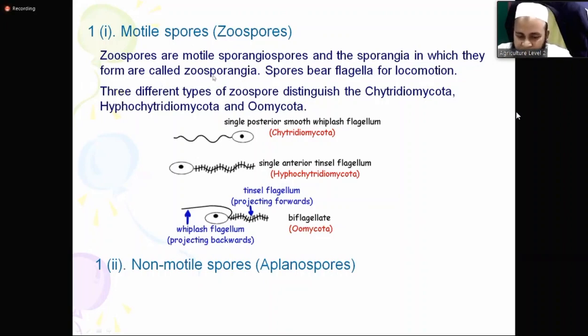Zoo means they have motile spores. Spores bear flagella for locomotion, that is, for movement. Three types of zoospore distinguish the Chytridiomycota, Hyphochytridiomycota, and Oomycota. These are three groups of fungi.